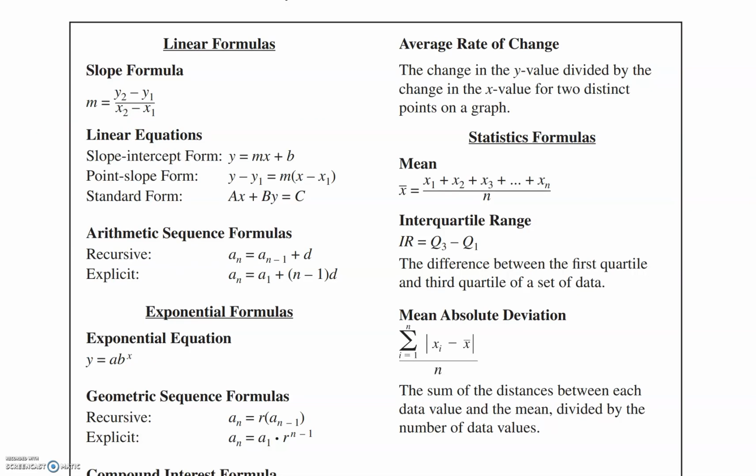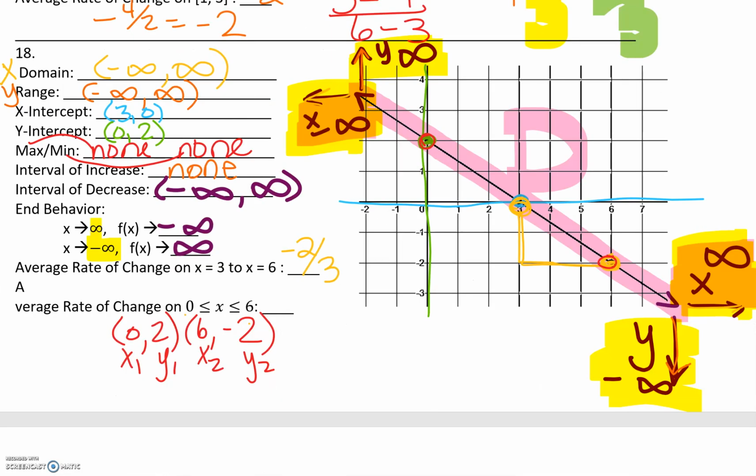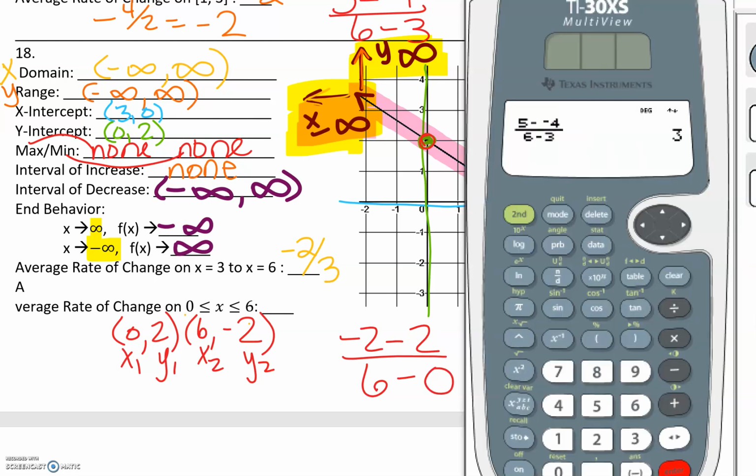If you need your formula, it is y2 minus y1 over x2 minus x1. It's on the formula sheet. In your equation then, this y2 minus your y1, x2 minus x1, grabbing our calculator, we're going to have negative 2 minus 2, 6 minus 0, and you get a negative 2/3.